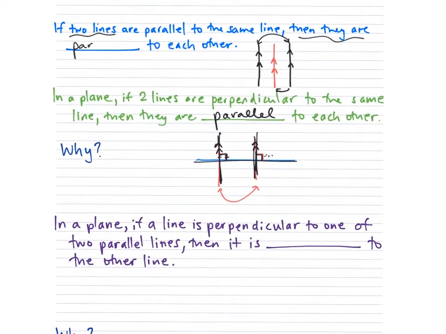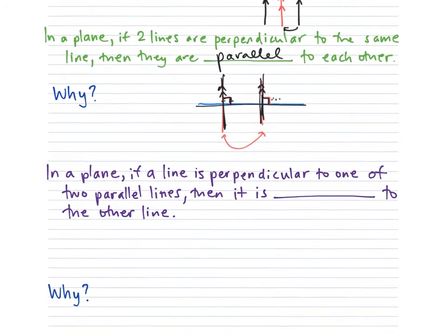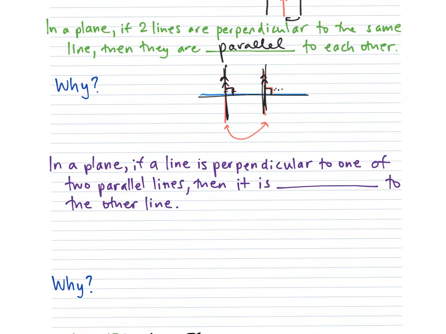Okay, and then the last one, in a plane, if a line is perpendicular to one of two parallel lines, okay, so that means we have two parallel lines. Let's make our symbols. If a line is perpendicular to one of them, then what's its relationship to the other line?